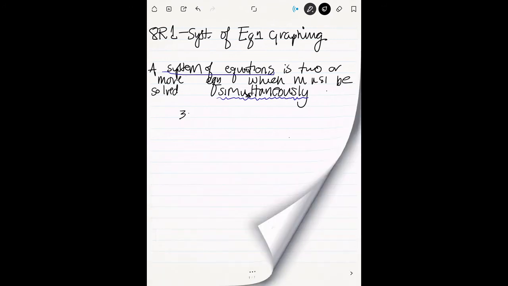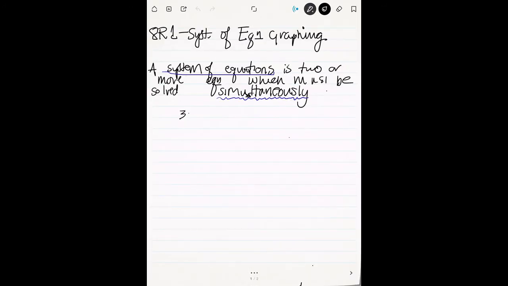So 3x minus 2y equals 0, and x minus 2y equals 4.